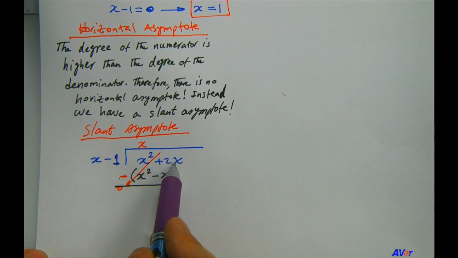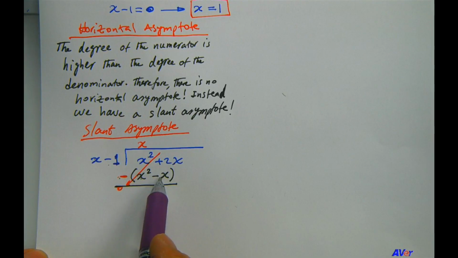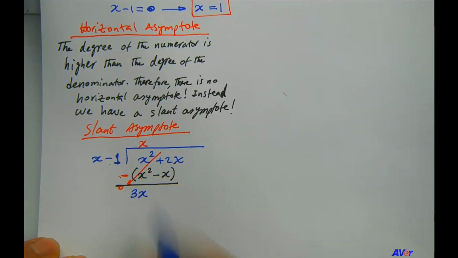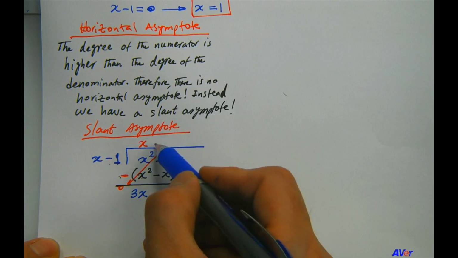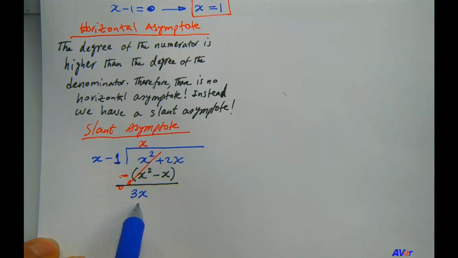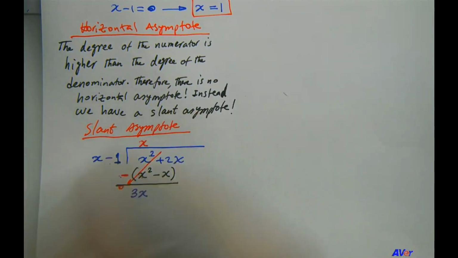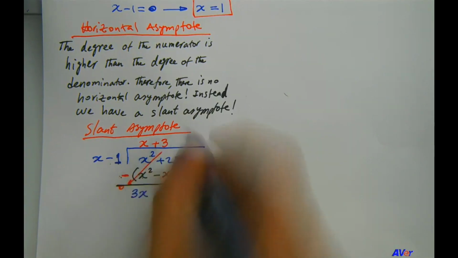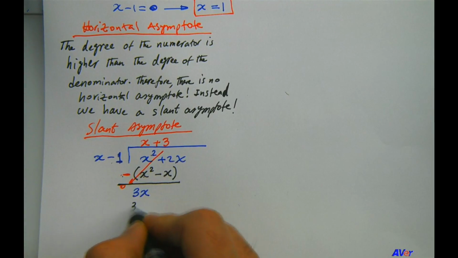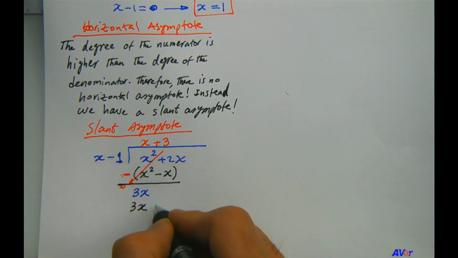Then 2x minus minus x. This minus will make this minus x positive x. So 2x plus x is 3x. Okay, that's all we have. So what should we put up here to multiply by this x to get 3x? Well, there's only one possibility, so plus 3. 3 times x would be 3x, and 3 times minus 1 is minus 3, right?